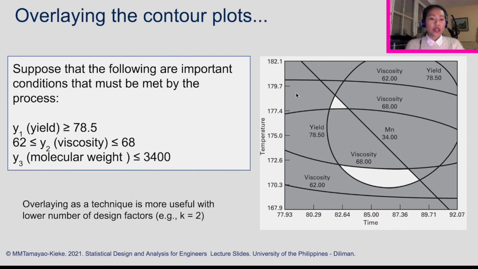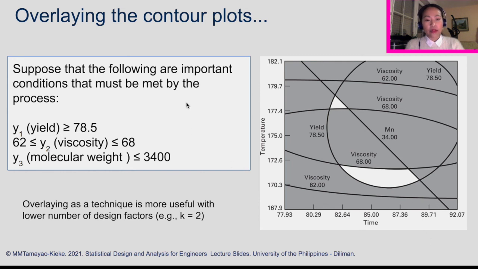this would be how the overlaid contour plots would look. You have a bigger optimum region here, another optimum region here, and a smaller optimum region here. Again, you can pause the video to appreciate this graph better.